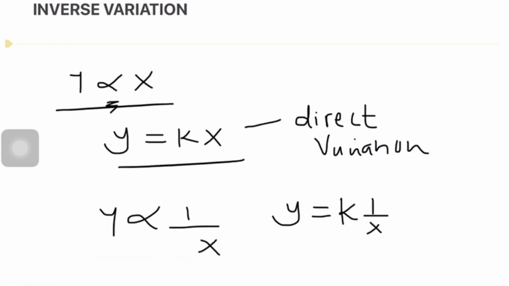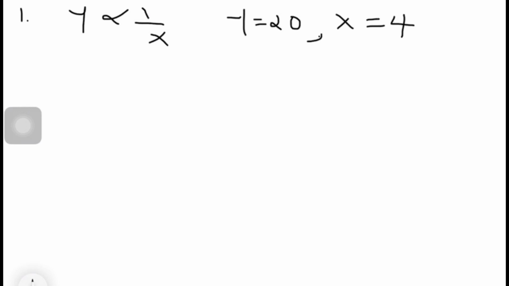Okay, so we are going to have some examples. Number 1: y varies inversely as x. If y is equal to 20 when x is equal to 4, find y when x is equal to 1 over 8.